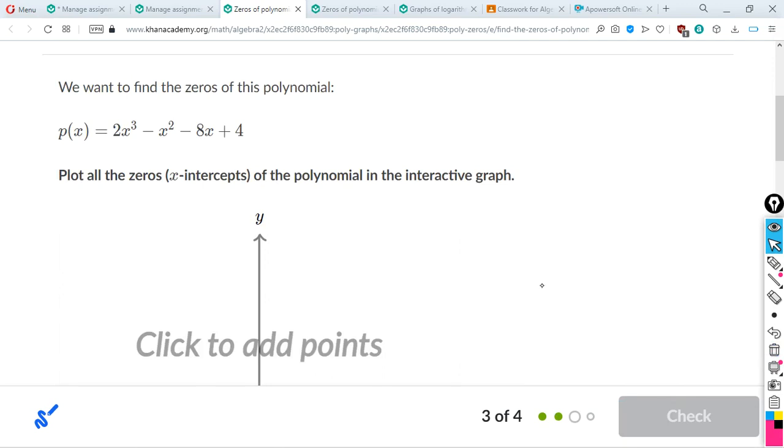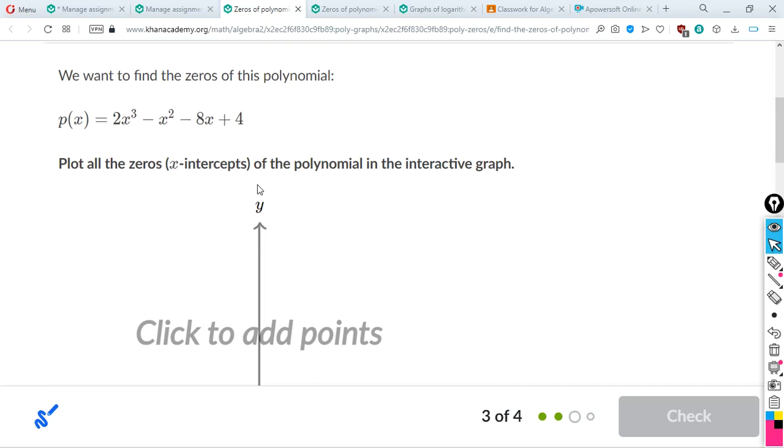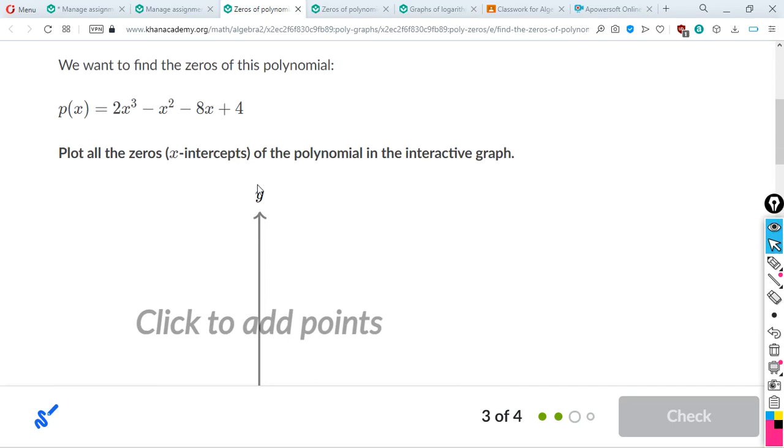All right. We want to find the zeros of this polynomial. So let's see. I think we need to use factoring by grouping here. All right. So let's see. In this part here, I can pull out an x squared, right? We're going to do this part here, and then I'm going to do this part right here.